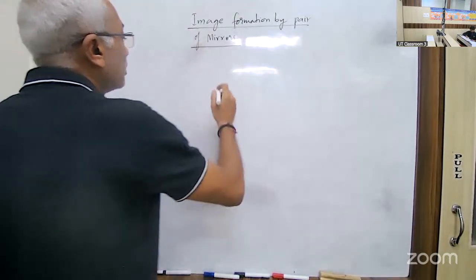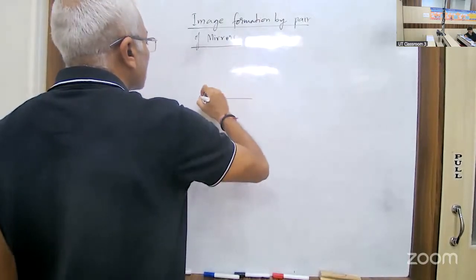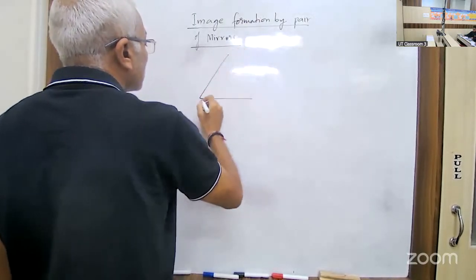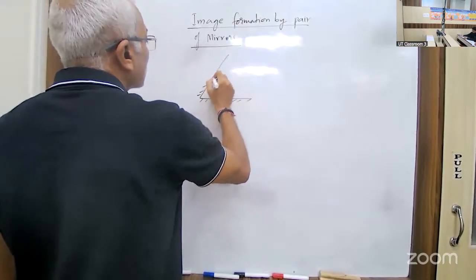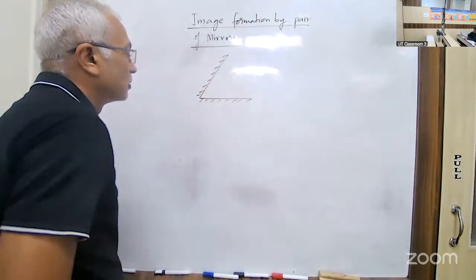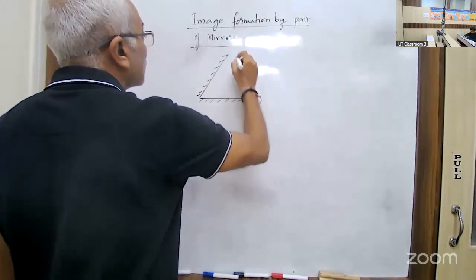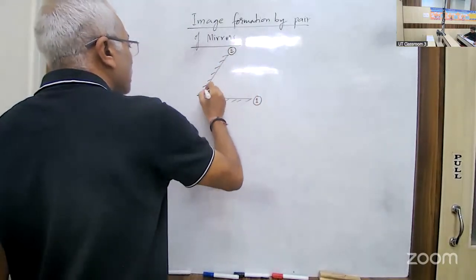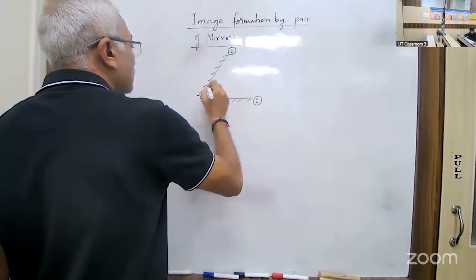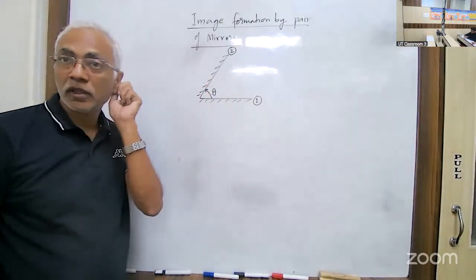So let us say you have two mirrors like this. Right? Let's say this is mirror 1, this is mirror 2. And they have angle between them theta. ठीक है?